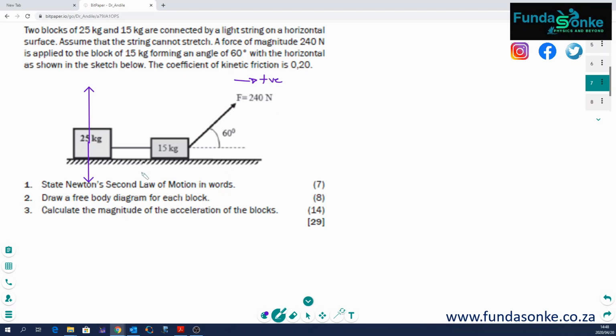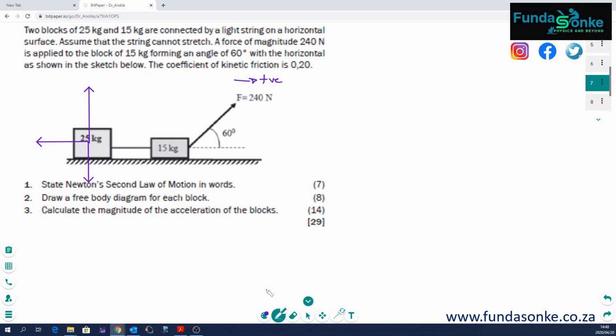So it means we're going to have an opposing frictional force acting in the opposite direction. So we're going to have friction acting in that direction.